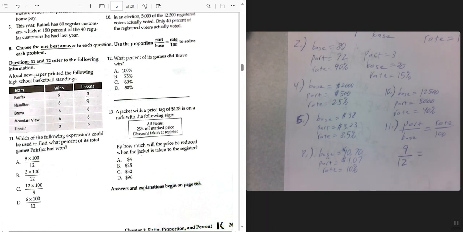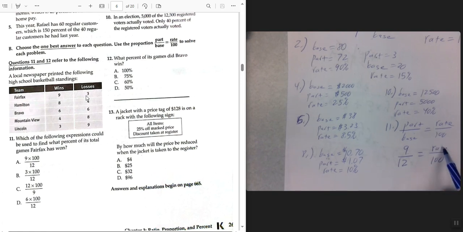Now your rate, we do not know what the rate is yet. So it'll just be rate over 100. Remember when we were doing the problems in the first part of this chapter, we will usually use x. So rate is really your x. So we're solving for the rate. Now, what they want you to do is to get rate by itself.